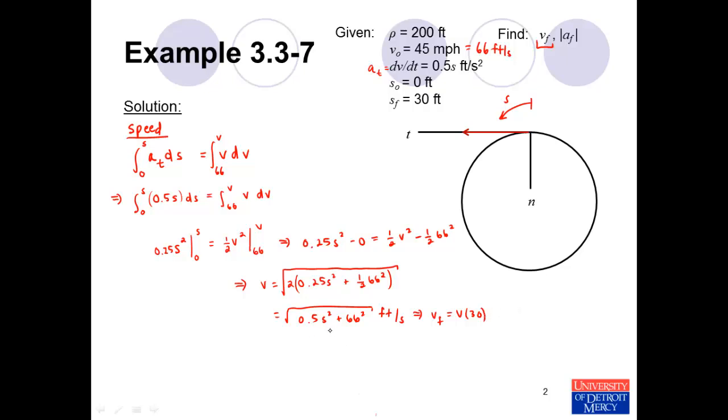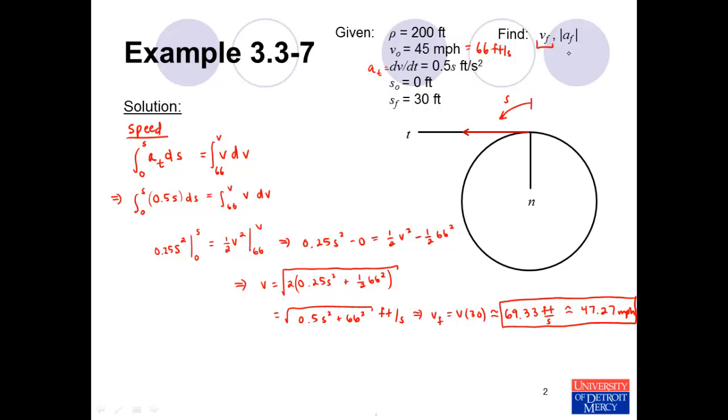If we plug that in to this expression, punch it into our calculator, we get that the final velocity is approximately 69.33 feet per second. We could also convert that to miles per hour if we desired. That works out to be approximately 47.27 miles per hour. So that's the answer to the first part of the question.